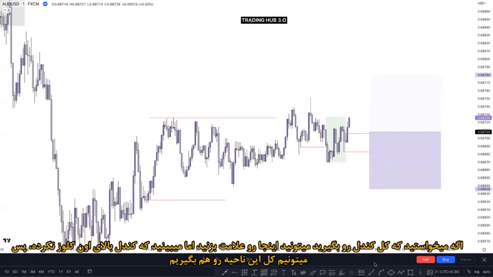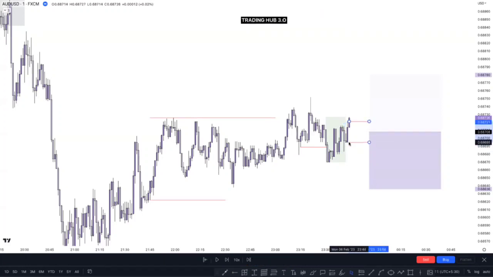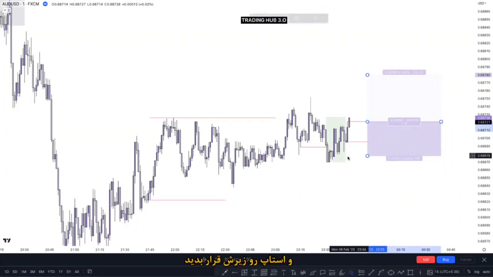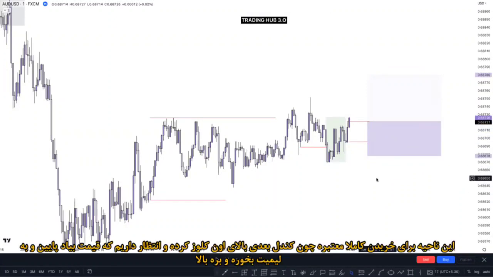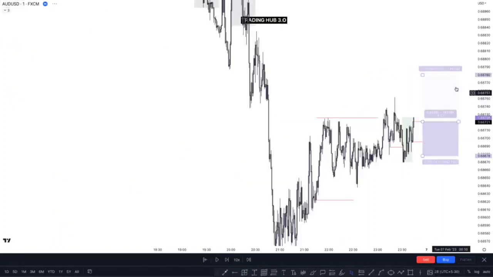Okay, if you are willing to take the entire candle, you can use this one, right? But it does not close above it, so we can take this one also, like this, and put the stop loss just below it. This one is also valid here for the buy, right? The next candle closes over it, pushes downside like this and goes higher, right?